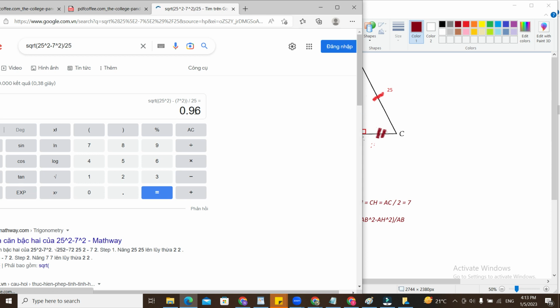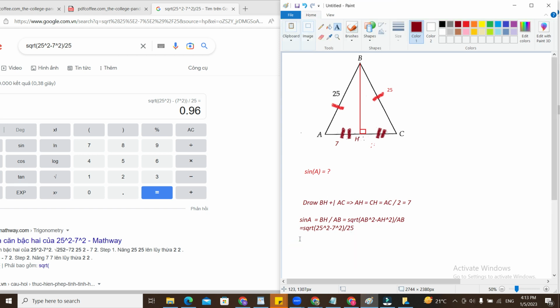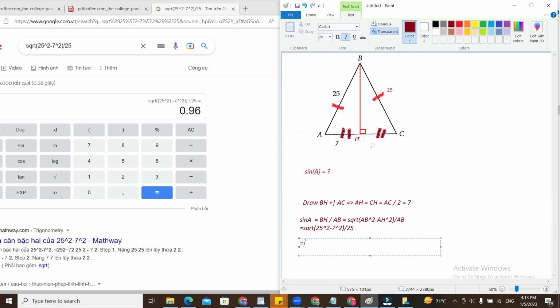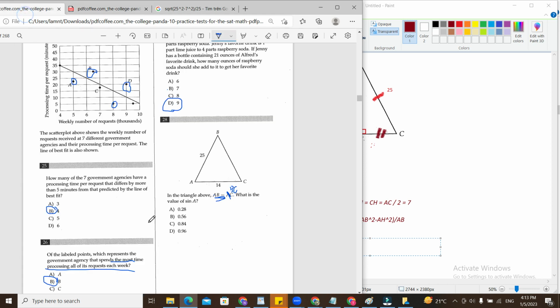That's 0.96. Wow. So the answer is going to be D.